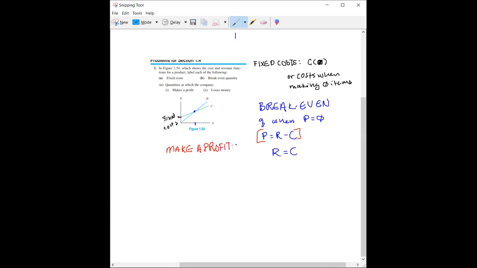Okay. Another way to think about that is to say that we have revenues that are greater than our costs, because then P will be greater than 0. So the Q where that is the case is this.